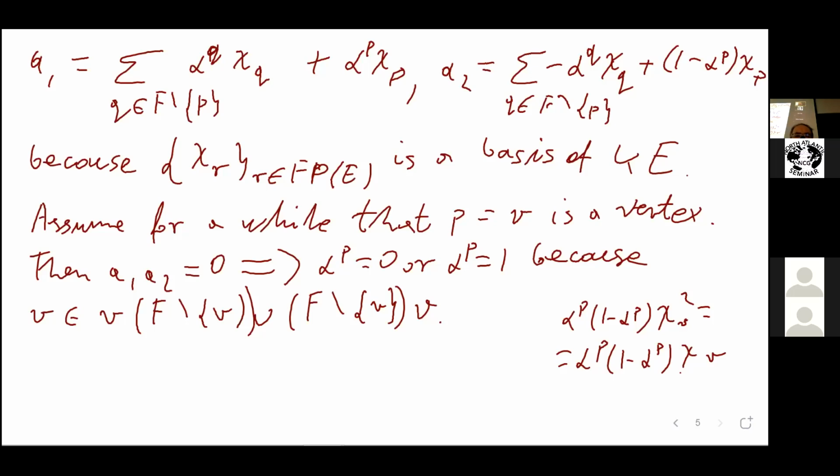Why? Because if I multiply v times the set of finite paths not containing v, then if I hit another vertex, I will have 0. Right? This will not form a path.